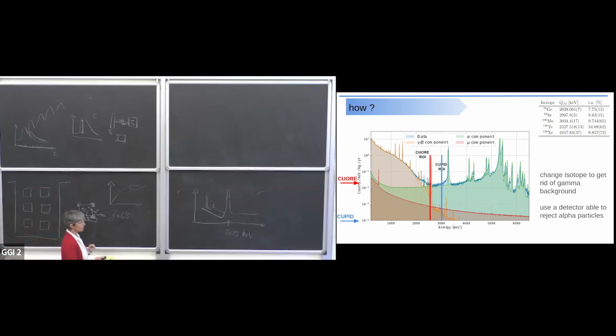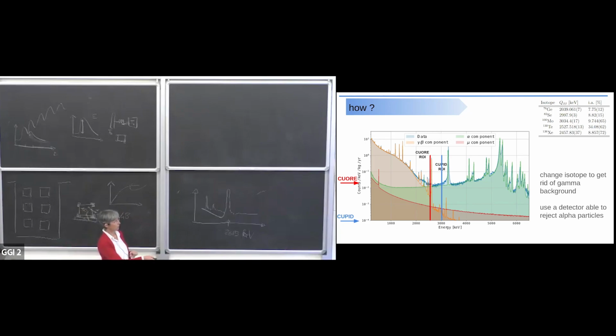So the strategy for us was to change the isotope and move to an isotope that has a higher transition energy. In that case, with the same infrastructure and the same contaminants, we gain more than a factor of 10 in background from the point of view of beta gamma background.